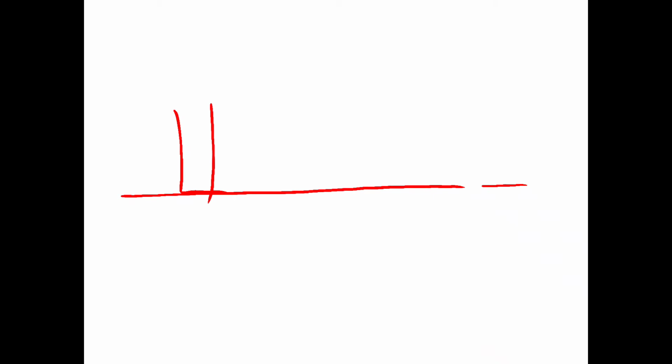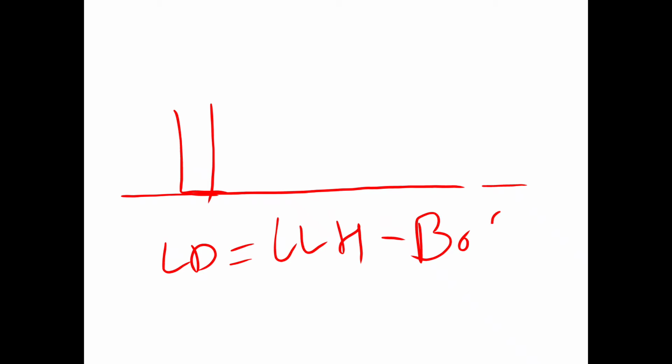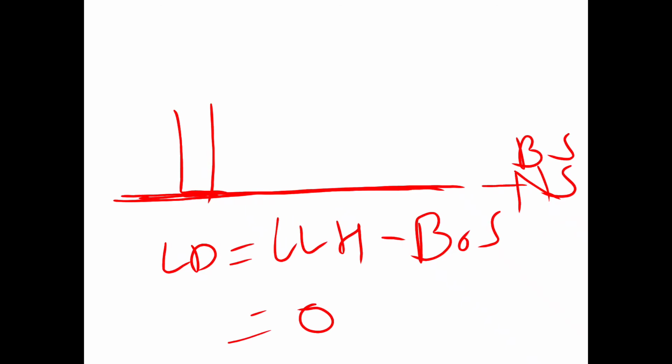Lower deviation means the lower limit of the hole minus the nominal size or basic size, and it will be equal to 0. See, the lower limit of the hole matches with the nominal size or basic size, hence it will be 0. And the upper limit will vary according to the tolerance.